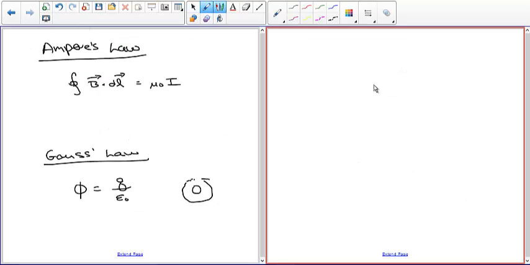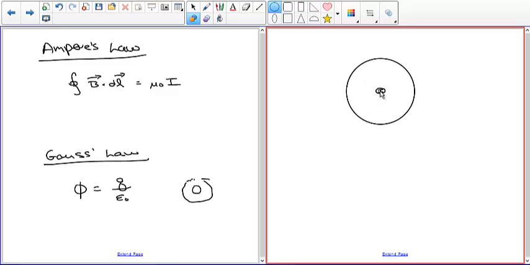So for our particular case, we have this wire that carries current. And because of the symmetric nature of this whole thing, what we do is we take a circle, and then this part is dl. And then you have the magnetic field vector, which turns out to be exactly in the same direction as dl.